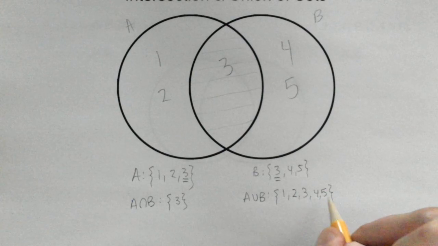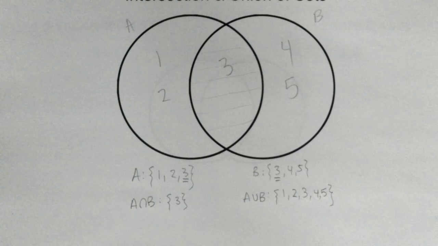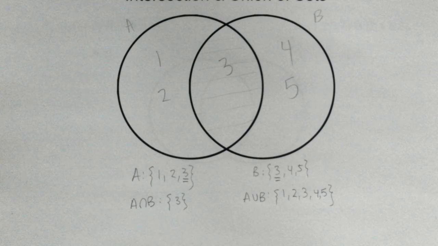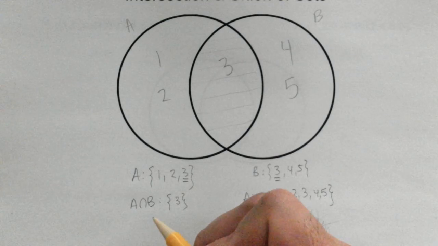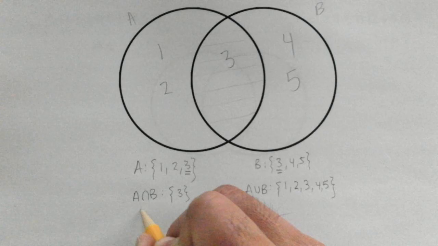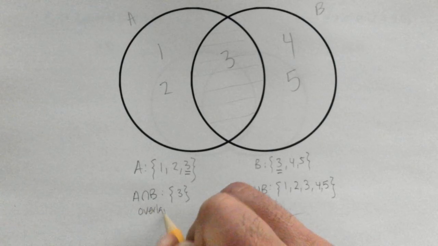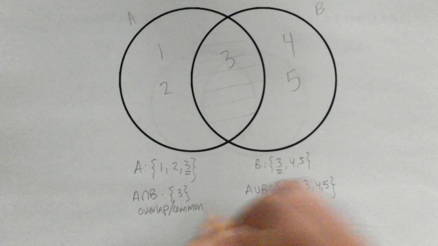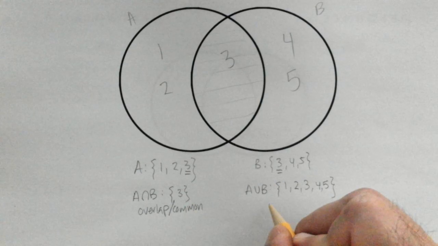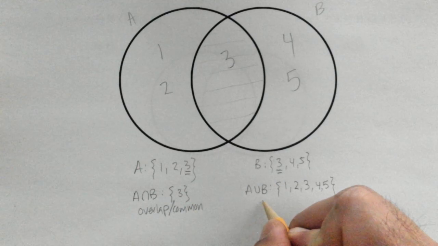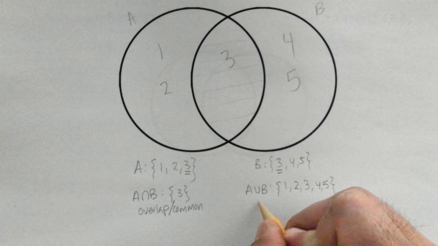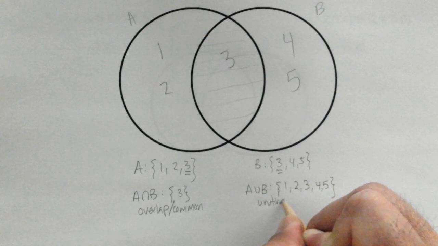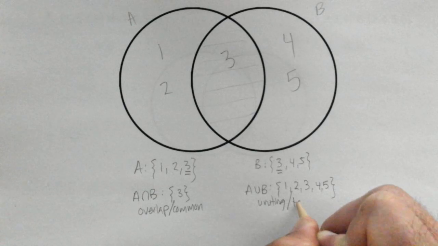We're uniting both sets and combining them into one. So a word I would associate with intersection would be the overlap, or what they share in common. And for union, I would say uniting these two together, or everything together.